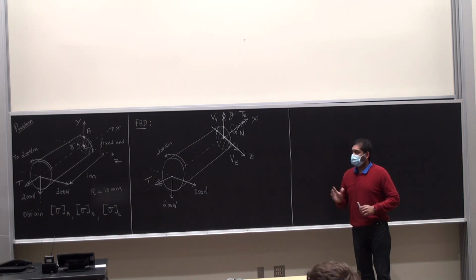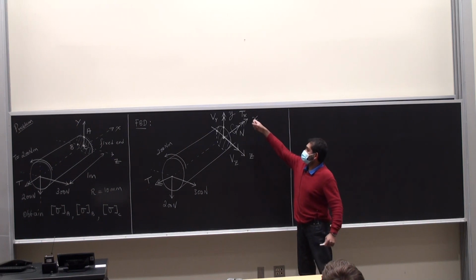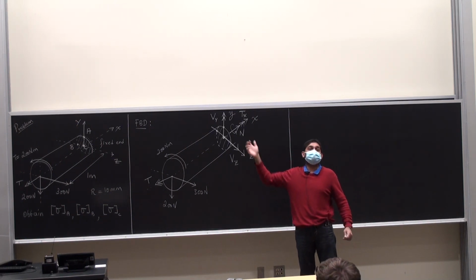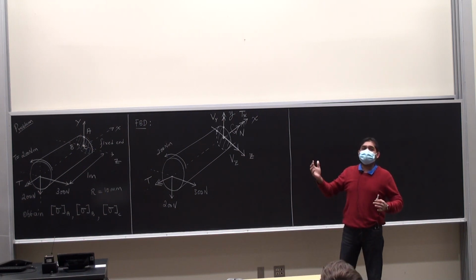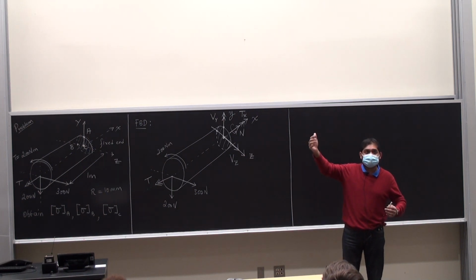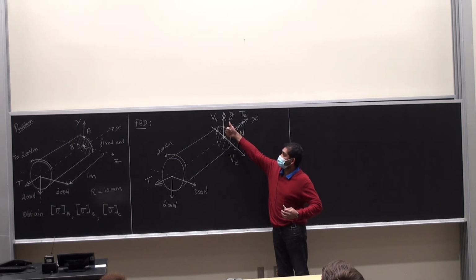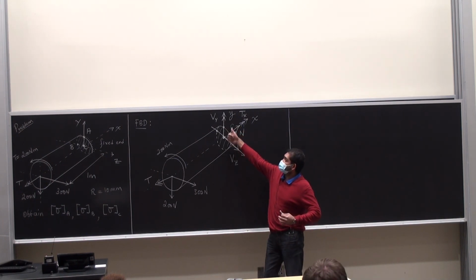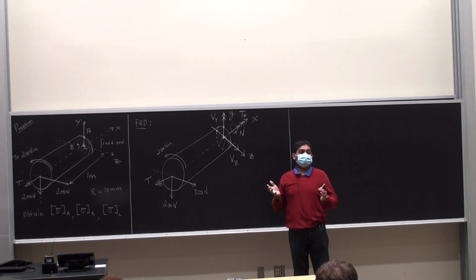Then I'm going to have 2 bending moments. This is a torque. I'm going to have 2 bending moments, one about the y-axis, one about the z-axis. Common sense tells me that I will choose my bending moment direction such that if I clutch, for example, the y-axis, I curl my fingers, the direction of the bending moment is along the positive y-axis. I don't know if this is true or not.